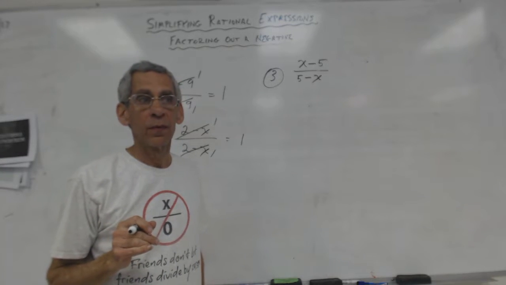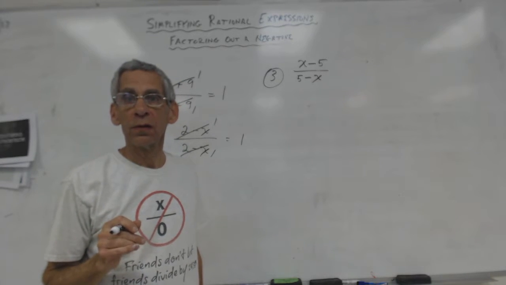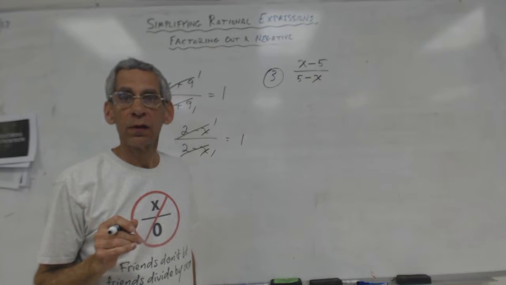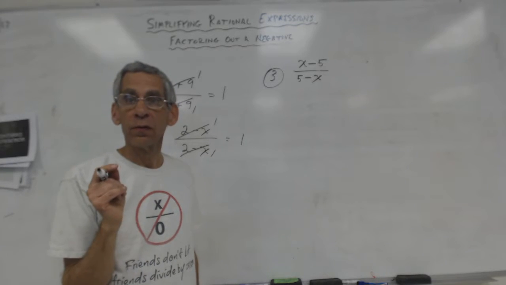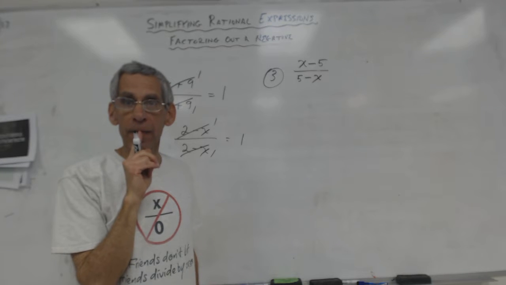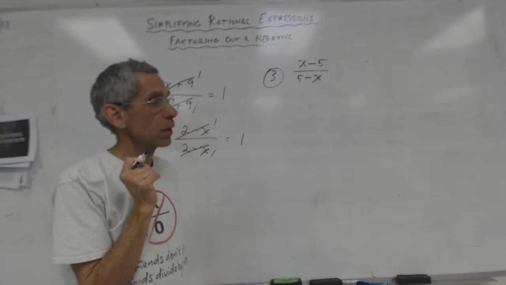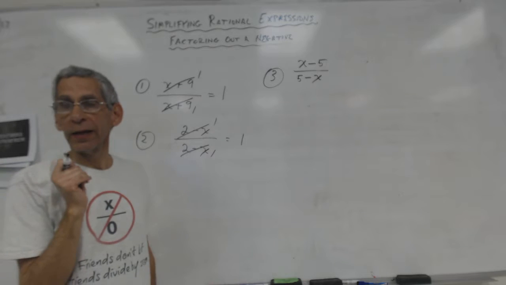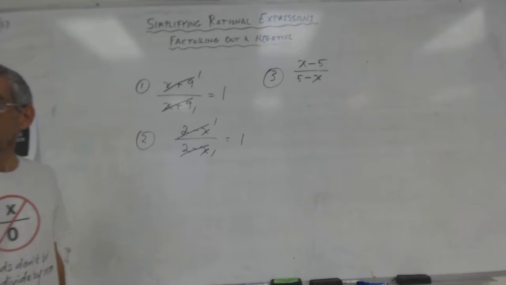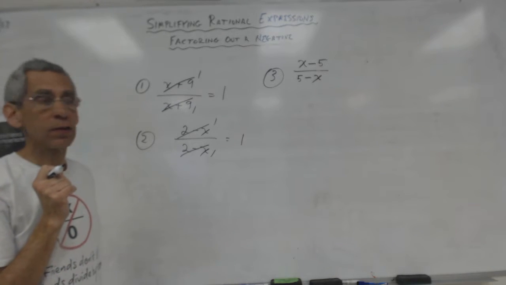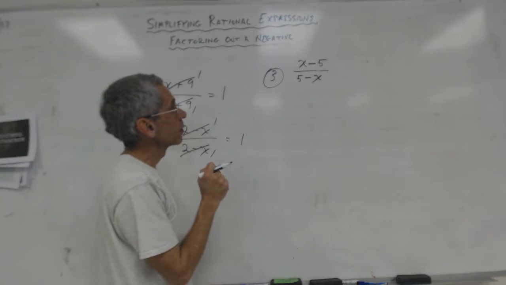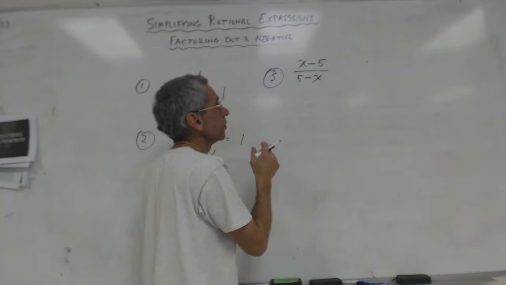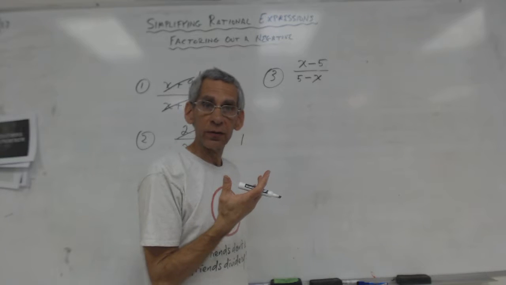So couldn't you just rewrite it or something? Like put x plus 5 instead of 5 minus x. You can't change the negative to a plus.